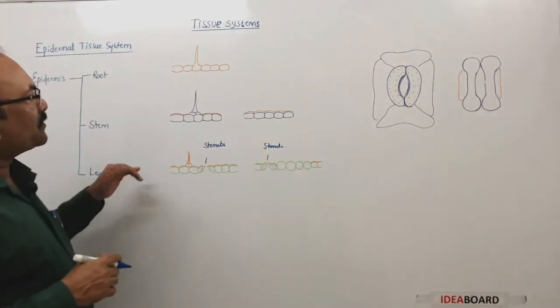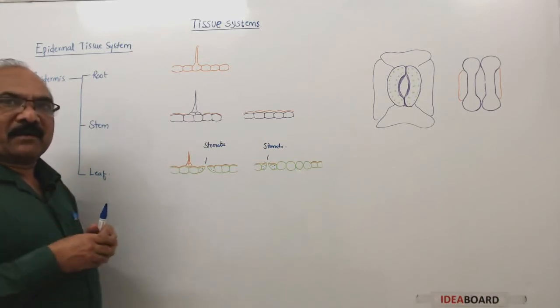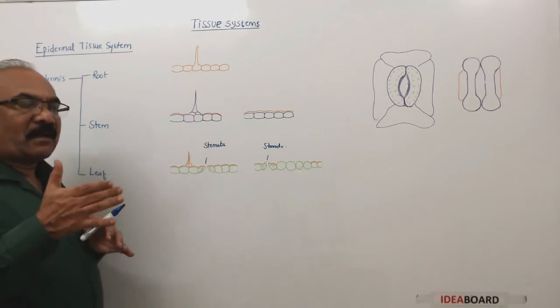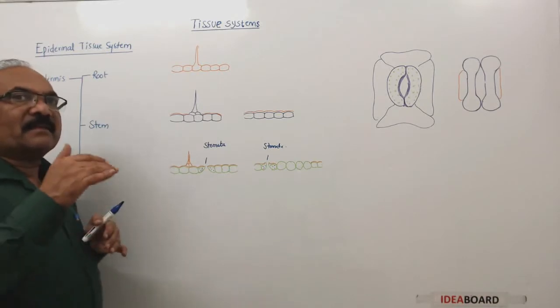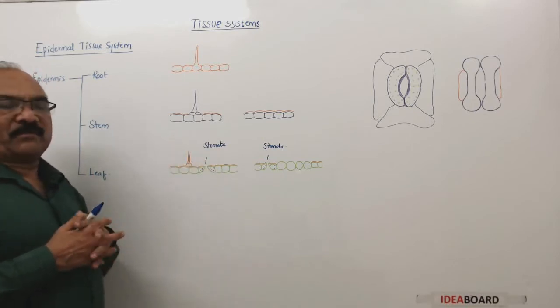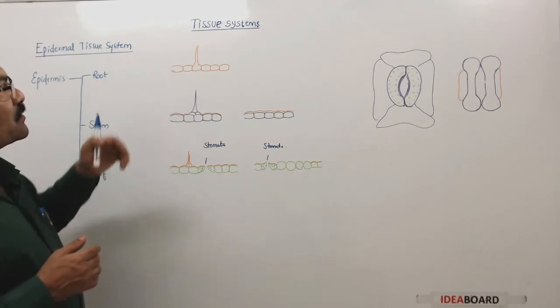These stomata may be present even in the stem, but they are very few in number. So the stomata are mainly concentrated in the leaf epidermis. That's why I am showing the stomata only on the leaf epidermis.